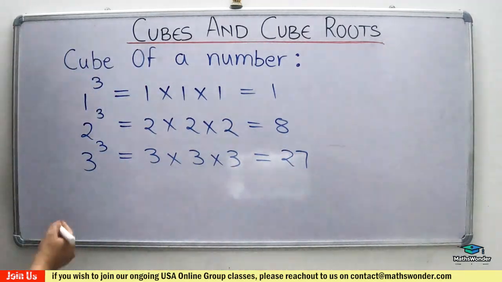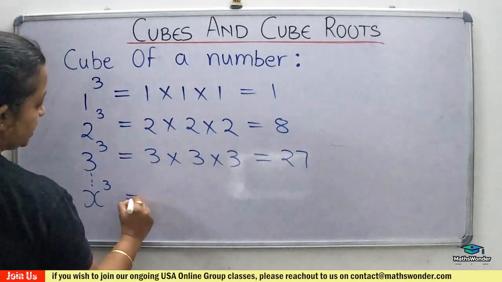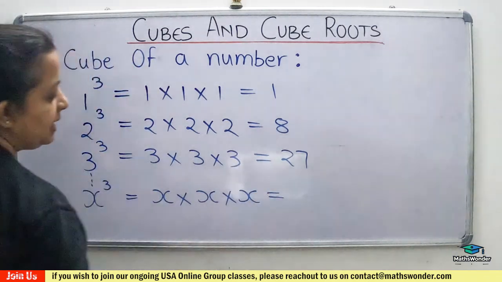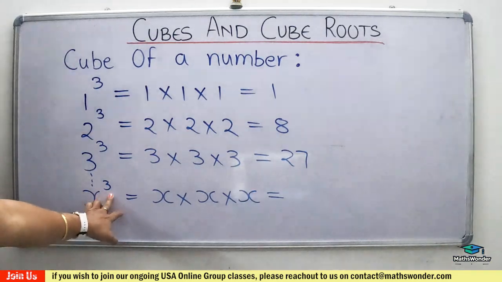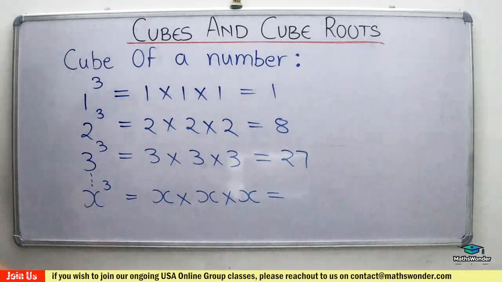Similarly, x times x times x is x cube. So a number raised to the power of 3 is the cube of the number, right?